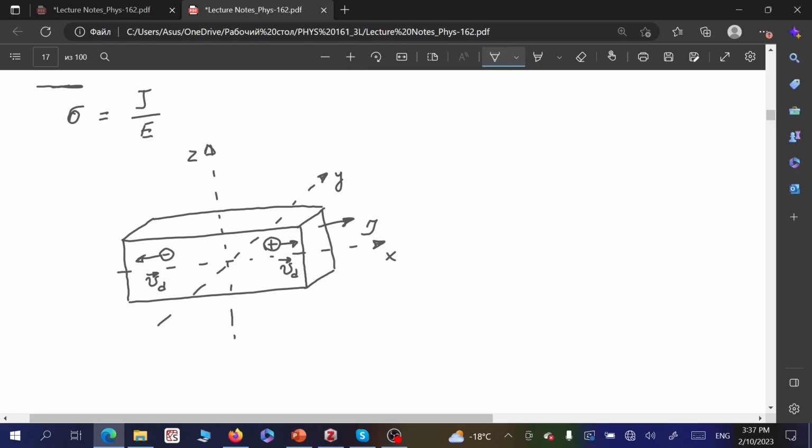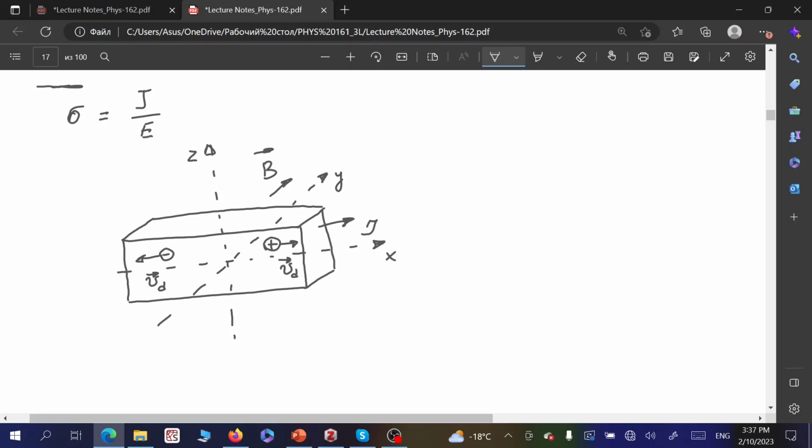Electrons are moving in opposite direction to axis X. Now let us assume that we turn on the external magnetic field and assume that the orientation of magnetic field is along axis Y.